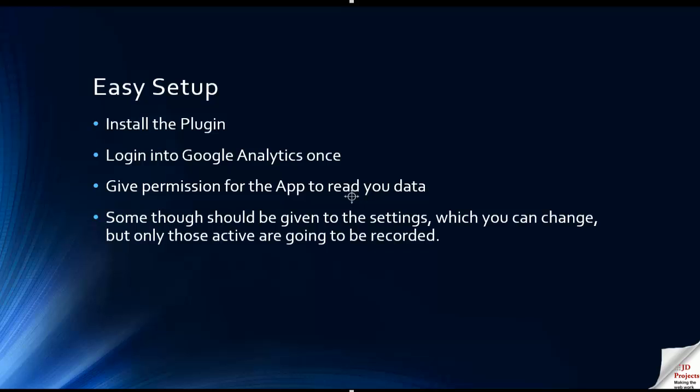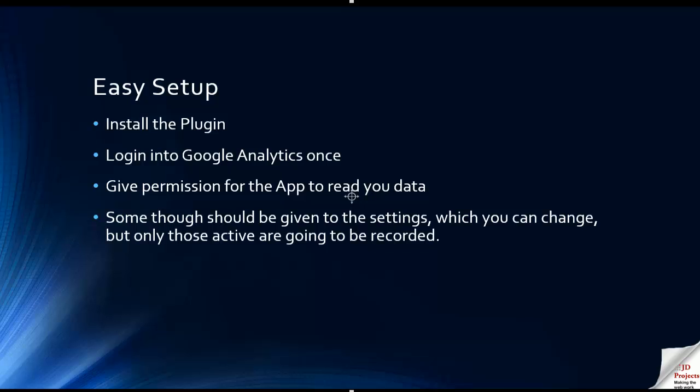I'm happy to say that it's easy to set up. Once you've installed the plugin, you log in through the plugin to Google Analytics. This allows you to give permission for the plugin to talk to and access data on Google Analytics. Once that's done, some time should be taken to make sure that you set up this plugin to track what you want to be tracked.